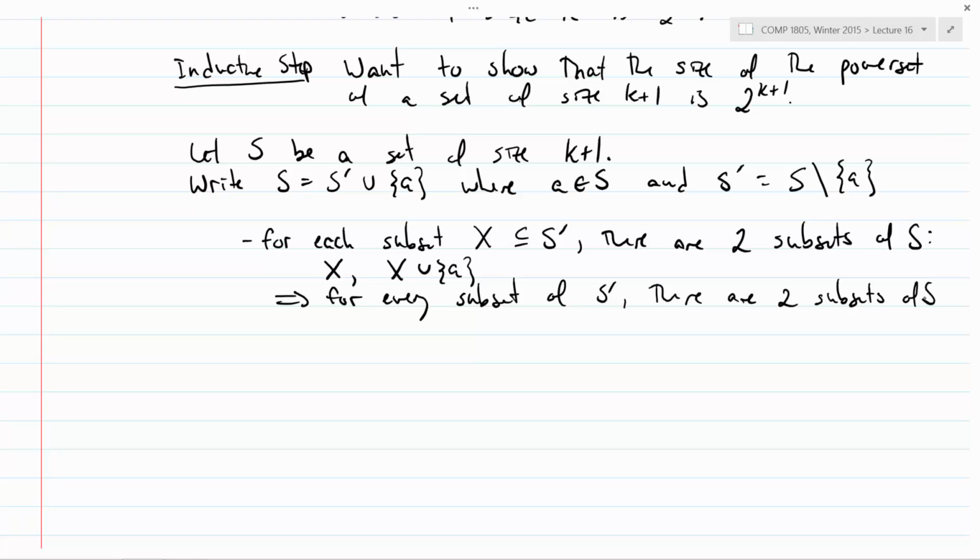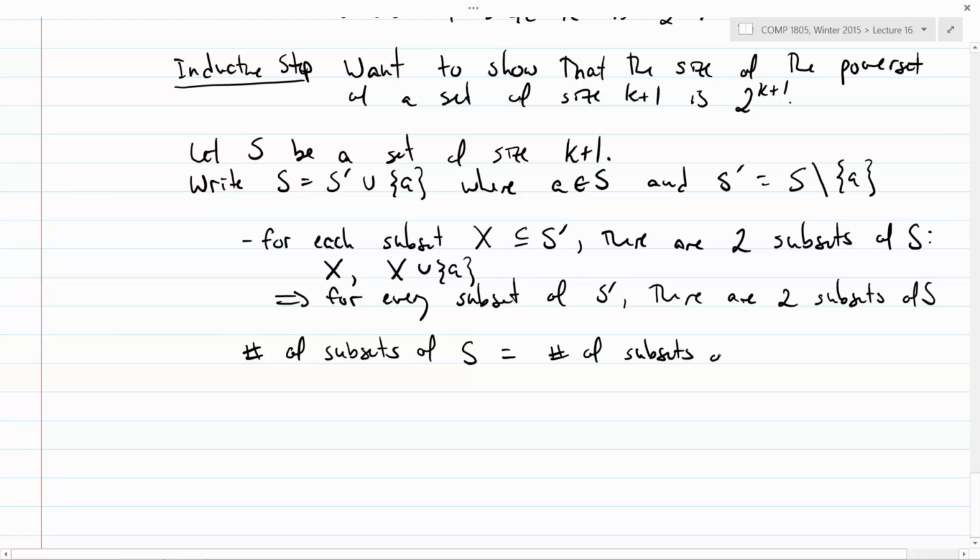All right. So now we're getting close. The number of subsets of S is kind of like the number of subsets of S prime, but it's times 2. Because every subset of S prime generates 2 subsets of S.